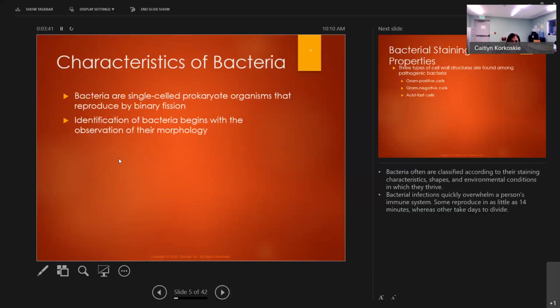We'll get into that, and I'll show you the different shapes of the bacteria. Bacteria are single-celled prokaryotic organisms that reproduce by binary fission. Identification of bacteria begins with observation of their morphology, how they develop.